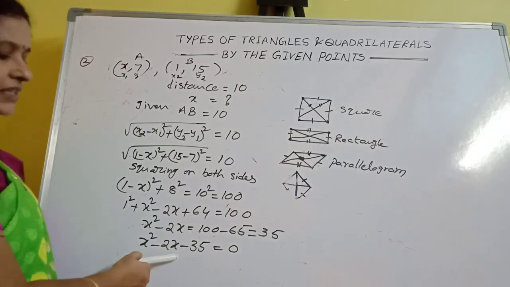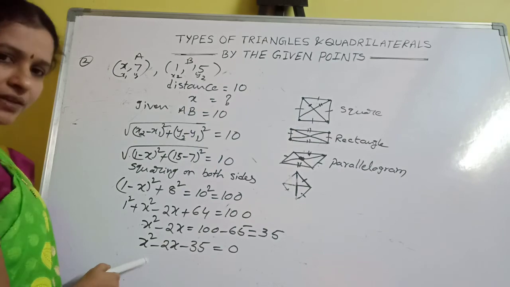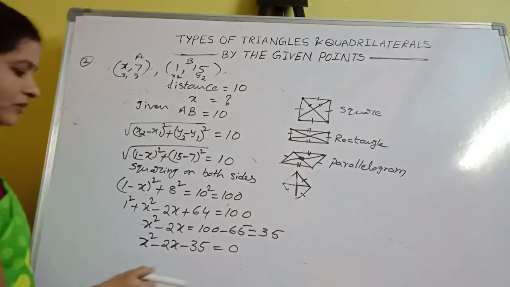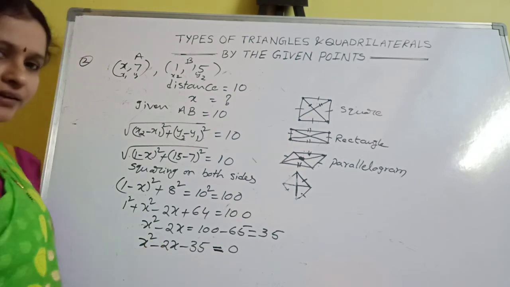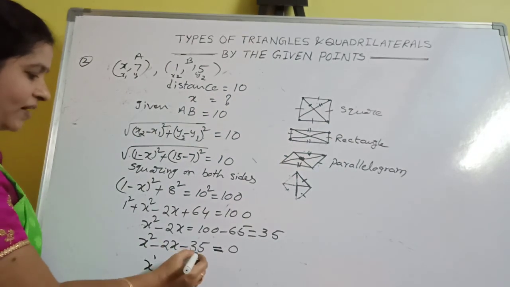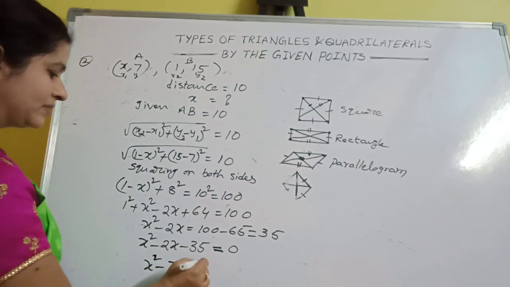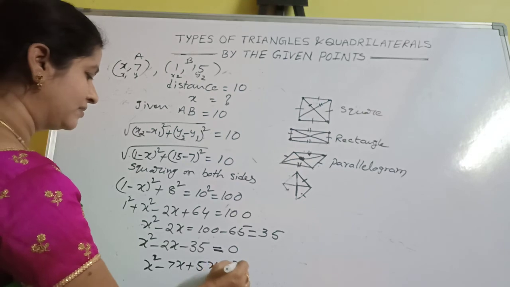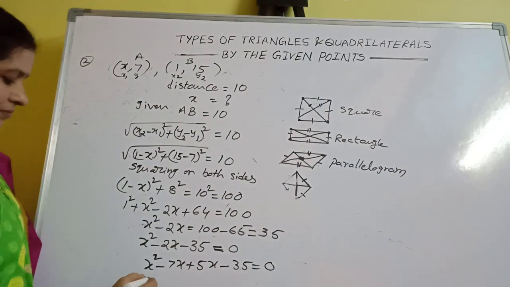How can you find the x value from this equation? It is a quadratic equation, so by using factorization, which you learned in 8th class, we get the x value. 7 5s are 35, so x square minus 7x plus 5x minus 35 equals 0.